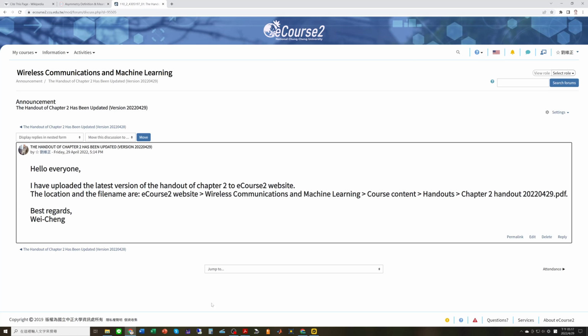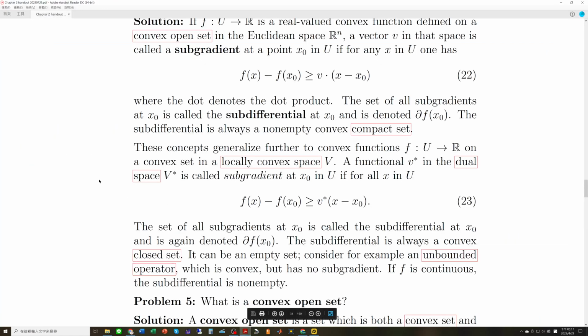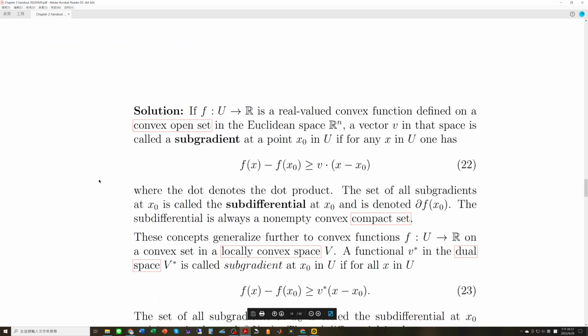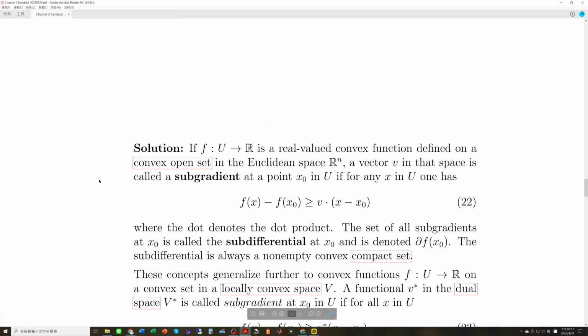Okay, next let us continue the first part of today's class. In the first part of today's class, we have explained what is a convex open set. Why do we need to know what a convex open set is?